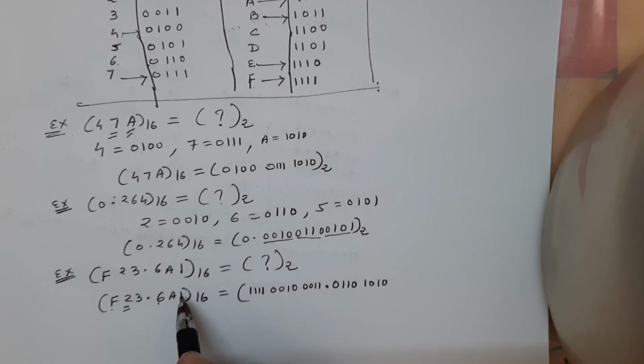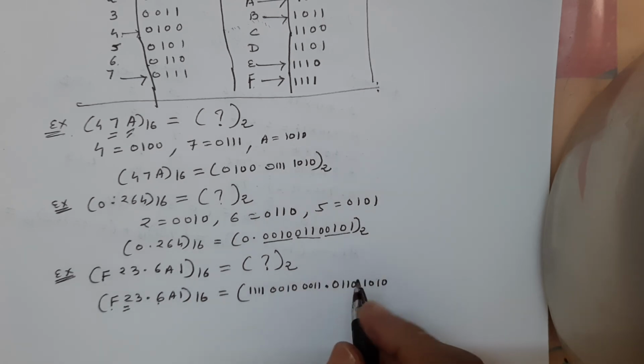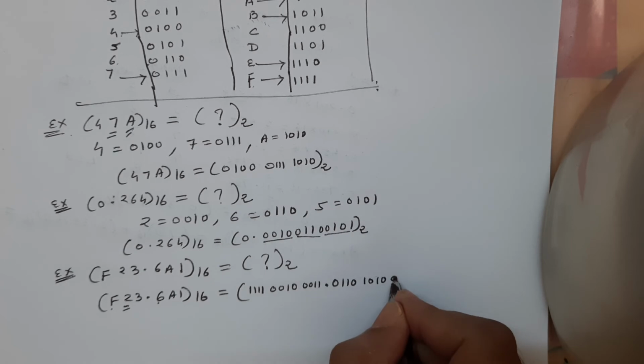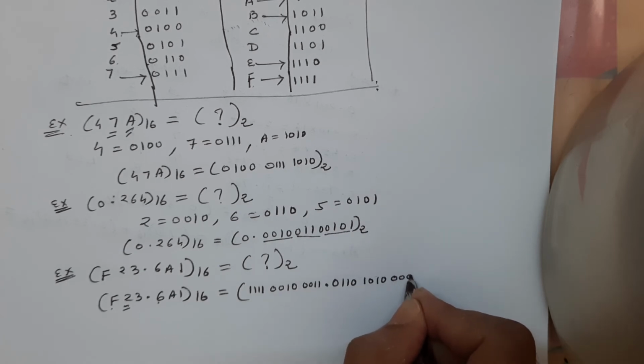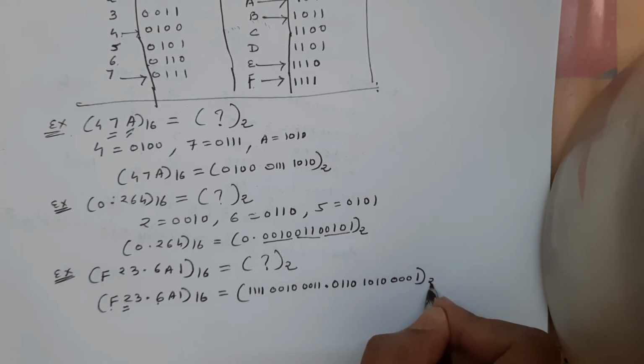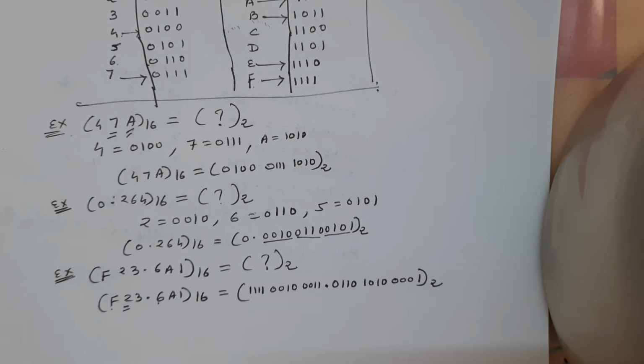And the last one, 1, means 0001. And this is the conversion of a hexadecimal number into the form of binary.